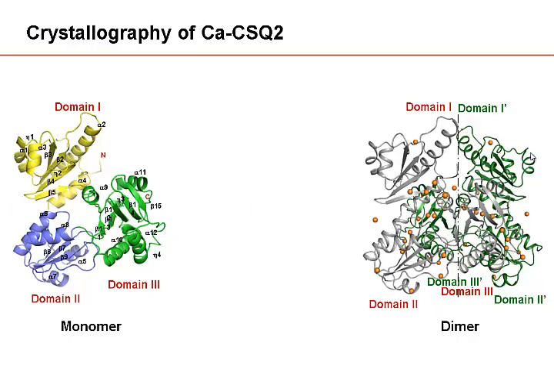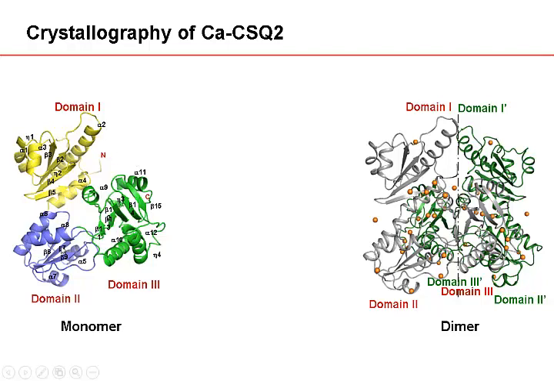In order to test this intriguing possibility, we crystallized the human CSQ2 protein in a solution that mimics the high calcium concentration in the SR and determined the crystal structure of calcium-bound human CSQ2.